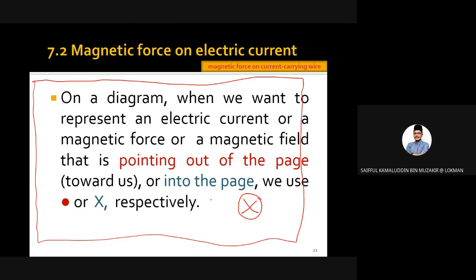We use the dot. Here, it means that the direction of the force, the electrical current, or the magnetic field line is going out from this page. Whether it is F, I, or B, if they are coming out from this page, we use this symbol. If they are coming into this page, we use this symbol.